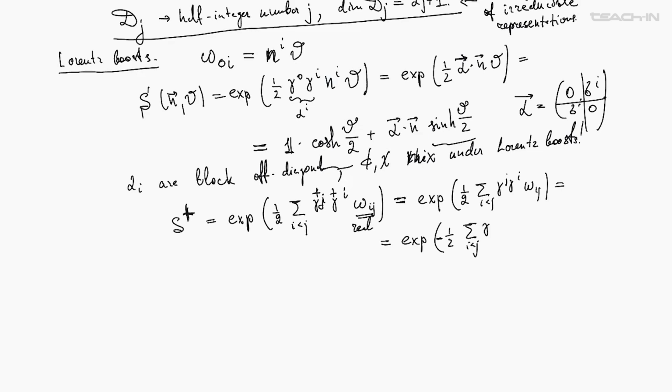As a result, what you obtain is the same matrix S, but with a minus sign in the exponent, and this is nothing but S minus 1. So S dagger is equal to S minus 1, or in other words, S dagger S is equal to 1. And obviously, we call such matrices unitary.